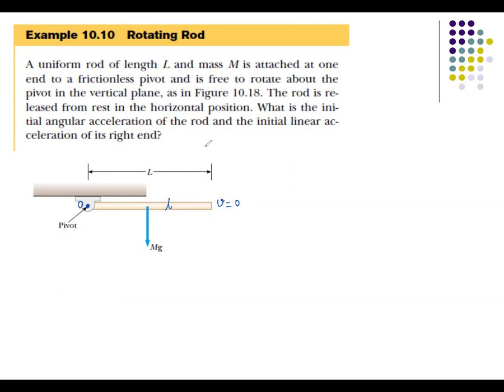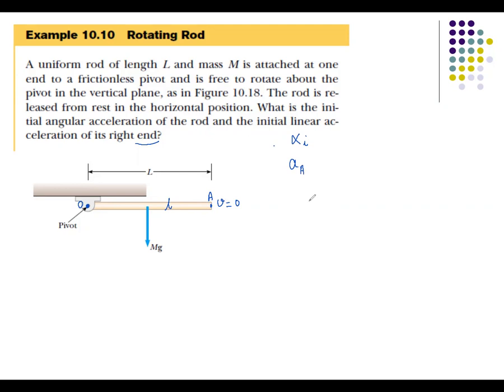I have to find the initial angular acceleration, so we have to find alpha initial of the rod, and the initial linear acceleration A of the point at its right end. For example, if we have a point A here, I have to calculate A of A.